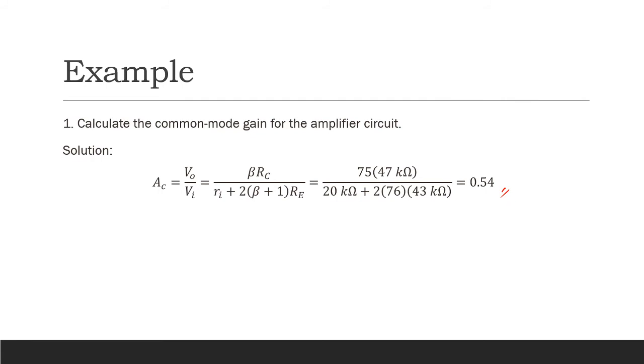That means that yung output na signal because of the common inputs natin ay sobrang baba nung gain niya. So, mangangalahati siya. Kung meron mang signal na papasok doon sa ating circuit, sobrang baba na magiging value niya. So, that is the advantage of using differential amplifiers.